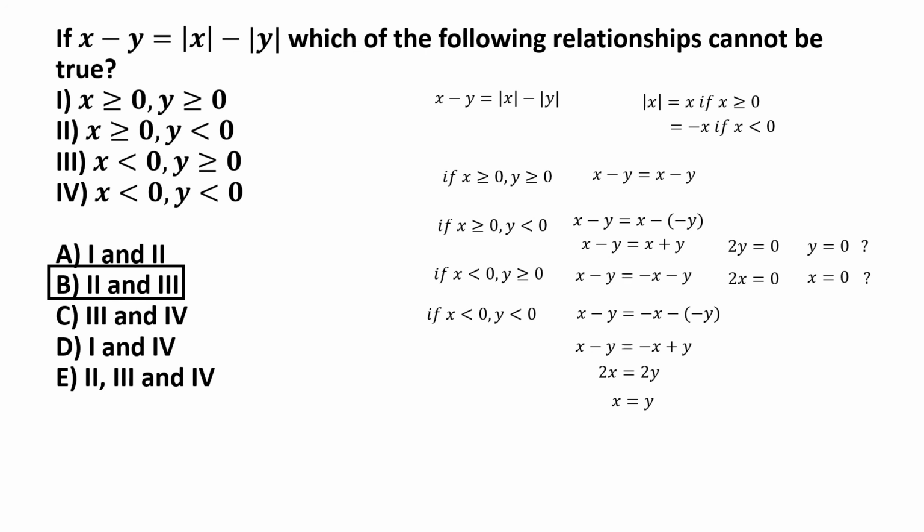For the domain given in option 4, there could be values for which this relationship can be satisfied, which is x equal to y. And for the domain given in option 1, pretty much for all values of x and y in that domain, this relationship x minus y equal to mod x minus mod y will be satisfied. So based on this, the correct choice is option B, 2 and 3.